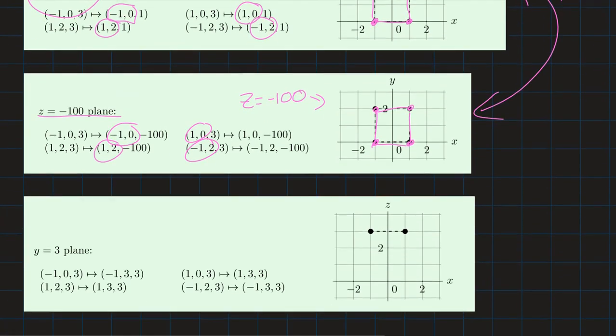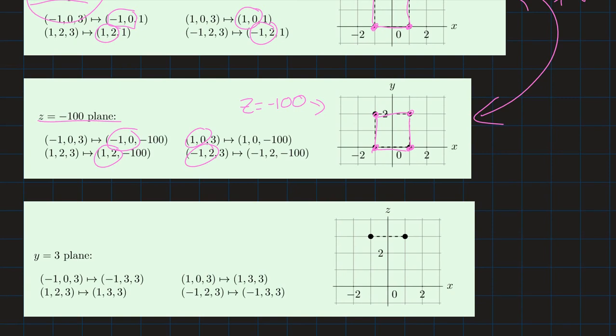Let's do a couple more parallel projections. Same starting question, but this time I'm going to project onto the y equals 3 plane. All you do this time is replace the y coordinate with 3, for each point.